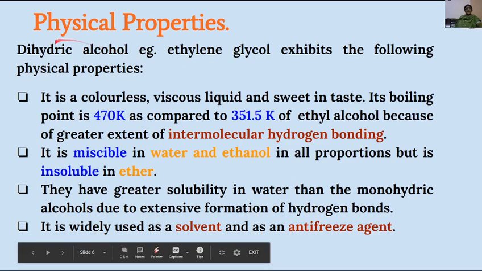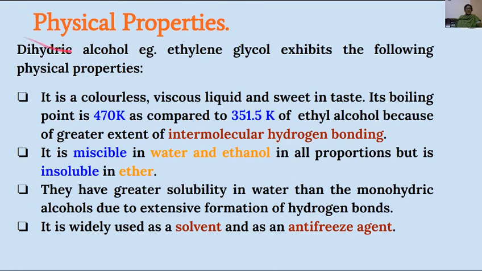Next we have the very important topic, the physical properties of glycols. Dihydric alcohol exhibits the following physical properties. First is the physical state. It is a colorless viscous liquid and sweet in taste.